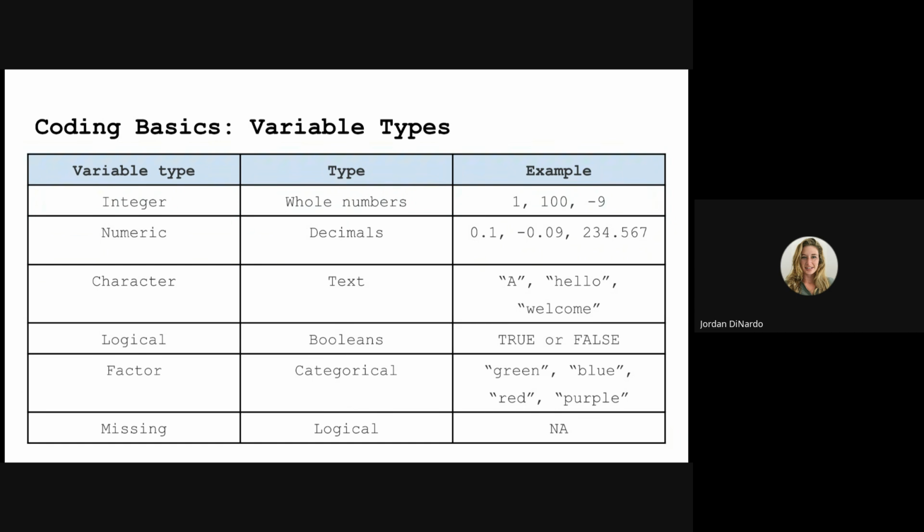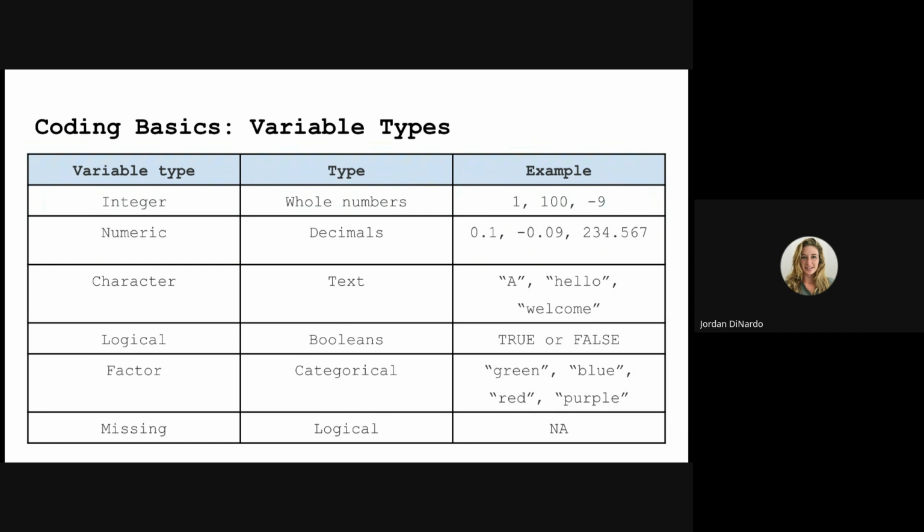Character strings are text. It's pretty self-explanatory. A, hello, welcome, words, a string of words, a sentence. These are all characters. Logical. This is where you can start to play with if-else statements. And so a logical would be either TRUE or FALSE. Factors are best known as categorical variables.